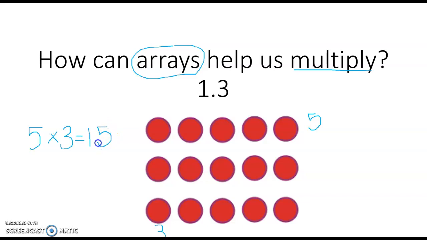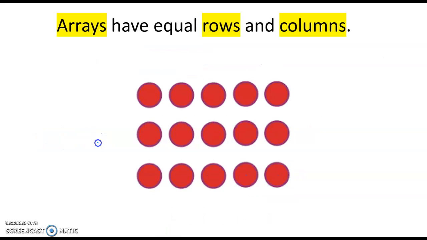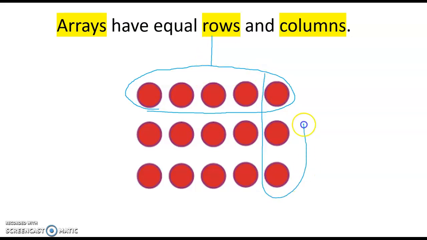Let's look at that a little closer. So arrays have equal rows and equal columns, just like we just talked about. Your rows go side to side, and your columns go up and down.